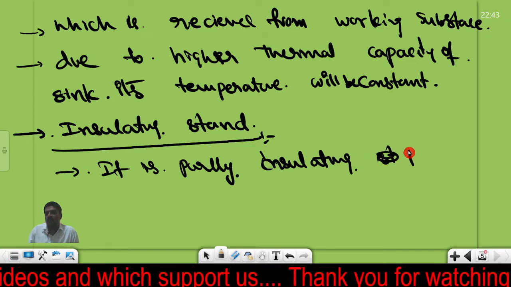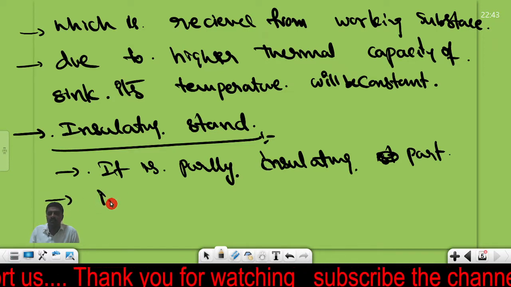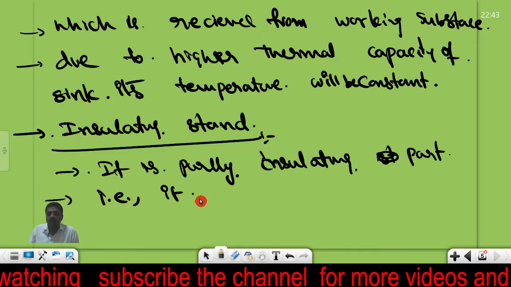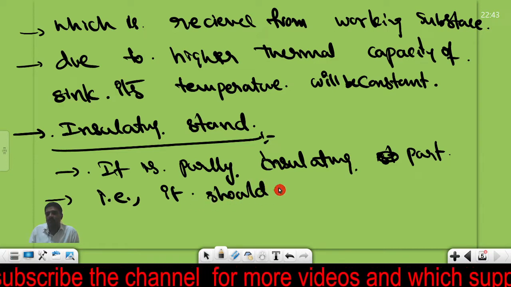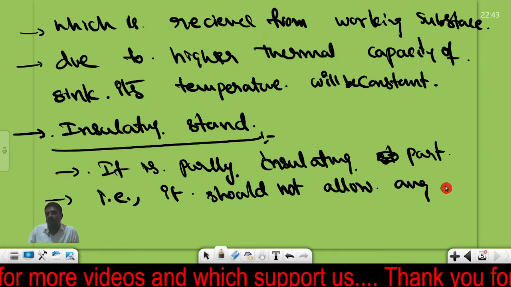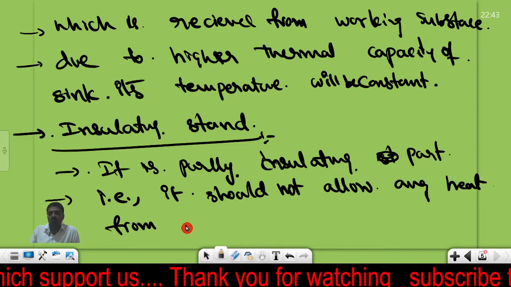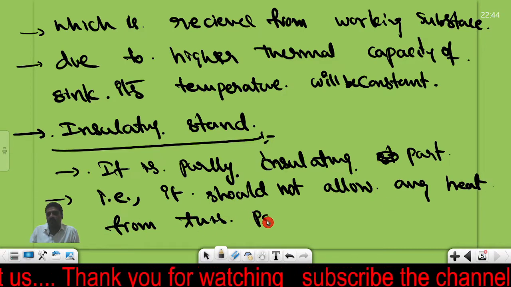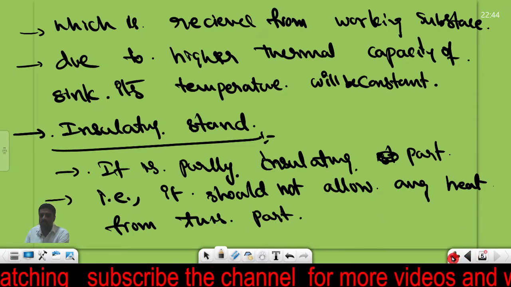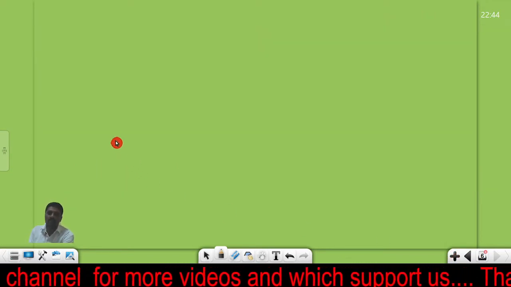Insulating means it should not allow any heat exchange from this part, so it acts as an adiabatic wall. We call it an insulating wall.